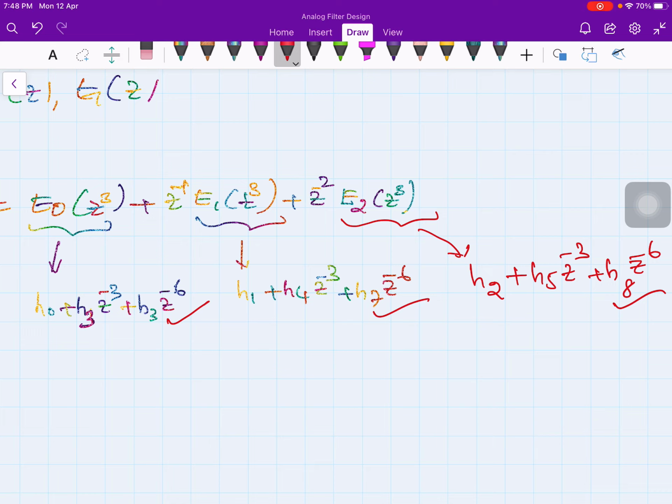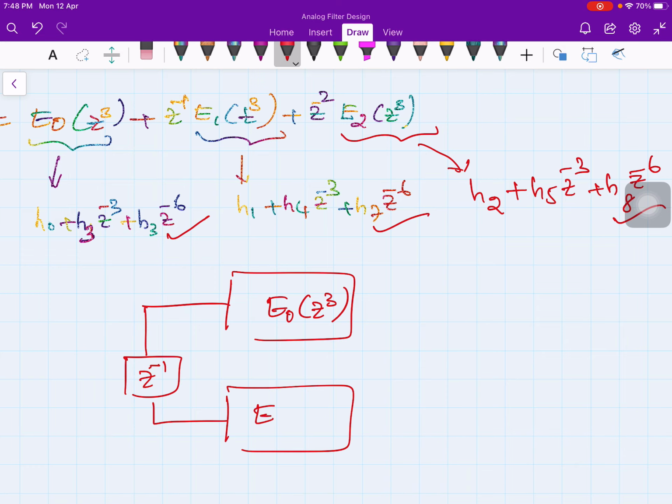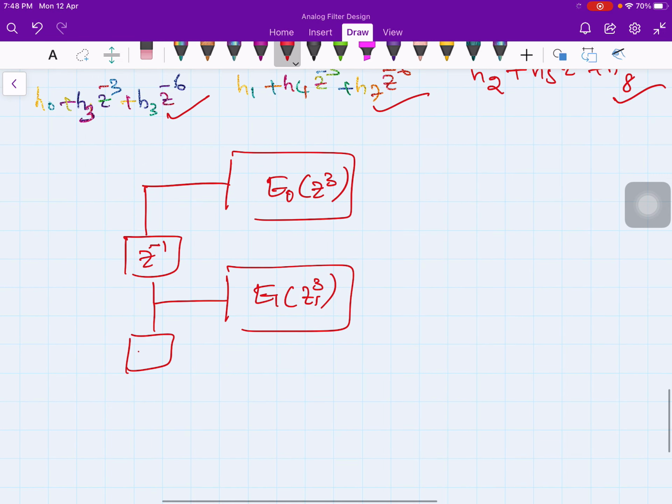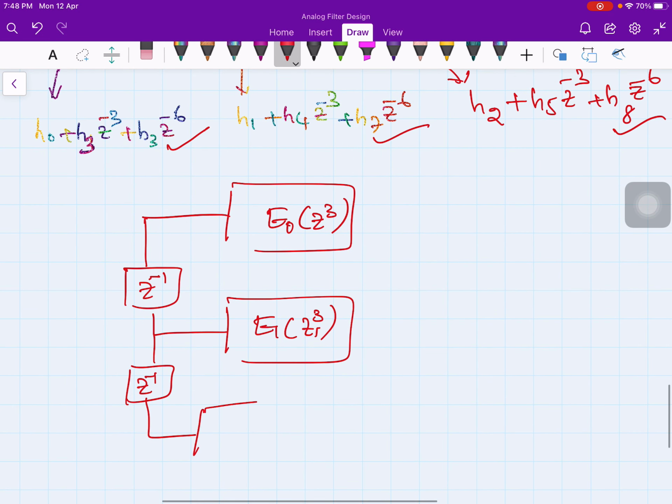And the realization is obvious. You have three paths. One path is E0 of z cubed, and the next one is you delay by one element, and you put E1 of z cubed, and then you put one more delay, and then you put E2 of z cubed. You put an adder here.